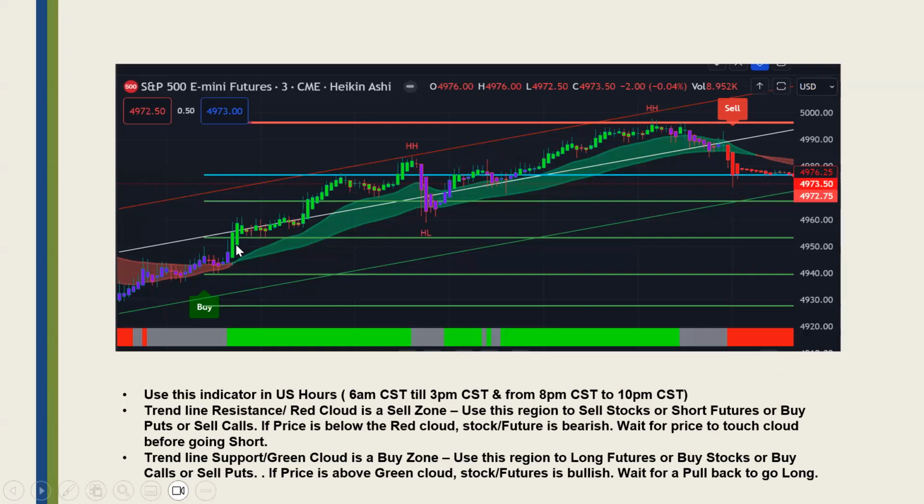Generally, what happens is it goes up, touches the top, comes back to the cloud, again goes up, again touches, again goes back. So this cloud acts like a support. As long as the cloud is green, you will be entering long positions. If the cloud is red, that means that commodity is bearish now. Then you have to take short positions. That means you have to sell them. Here we will buy them. If it is becoming red, if the price is dropping below the cloud, that means we have to sell.